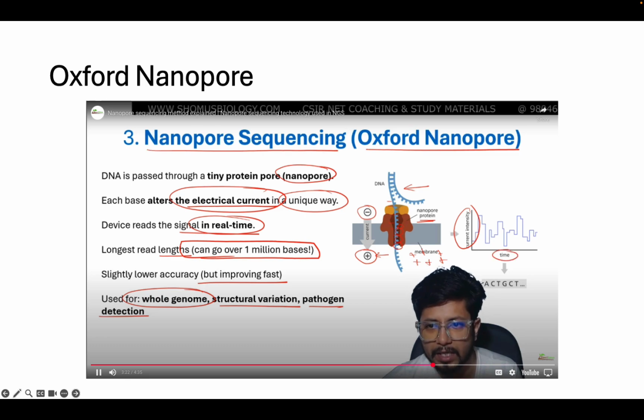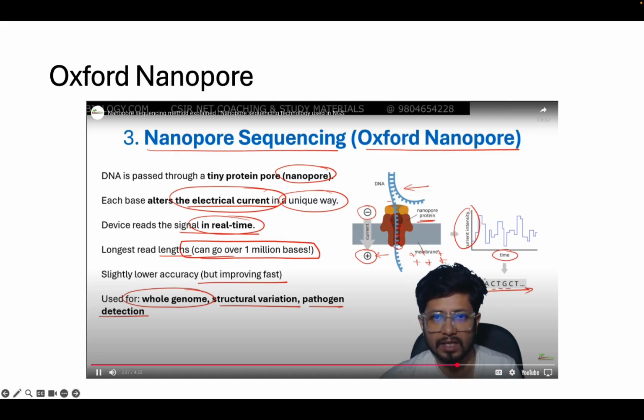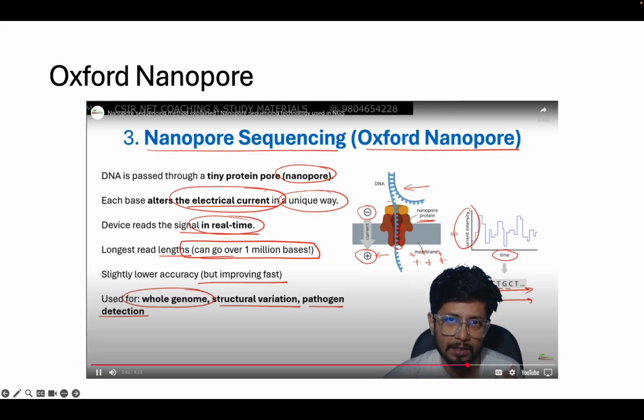So with time, if we measure the current intensity, we are going to find out a pattern. And we know at what intensity A will change, what intensity C will change, at what intensity T will change, at what intensity G will change the current. And by knowing that, we can easily determine the sequence of the DNA fragment that we're analyzing with nanopore.